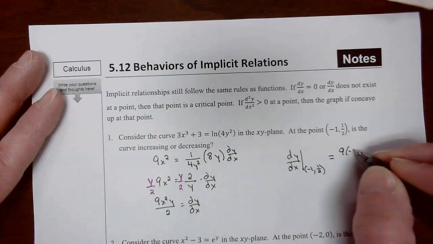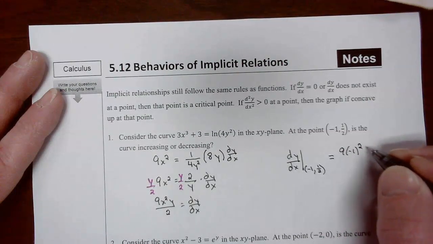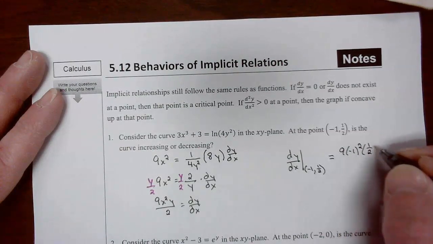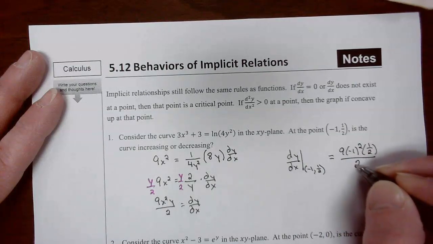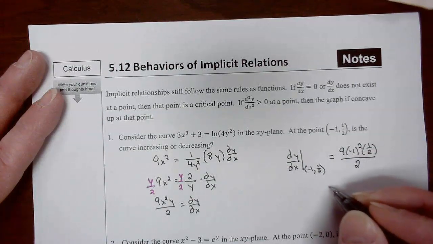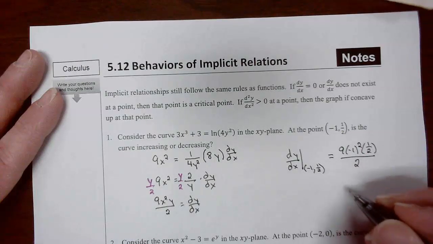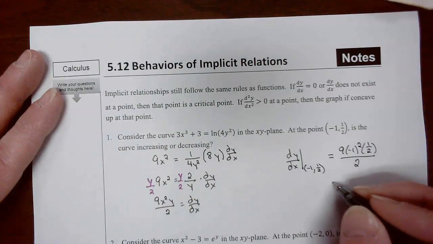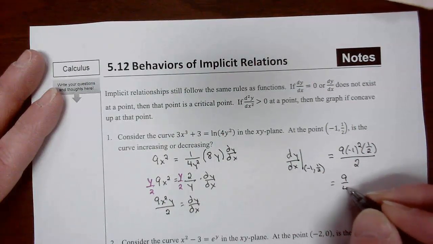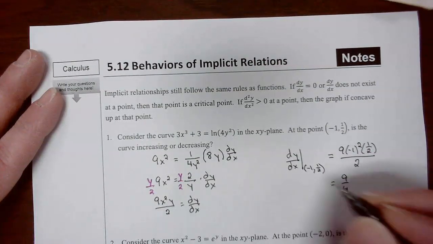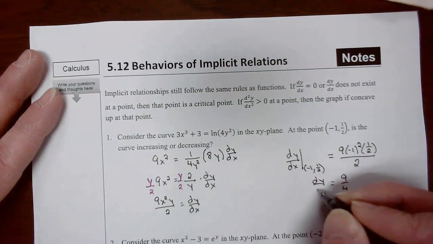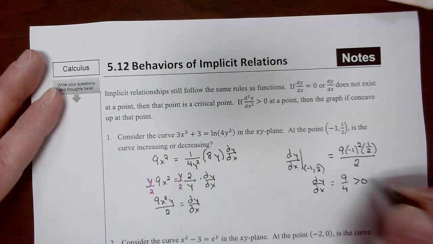So 9 times -1 squared times 1/2 over 2, so that would make that positive. That'd be the same as 9 over 4, which is positive. So dy/dx is 9 over 4, which is greater than 0.